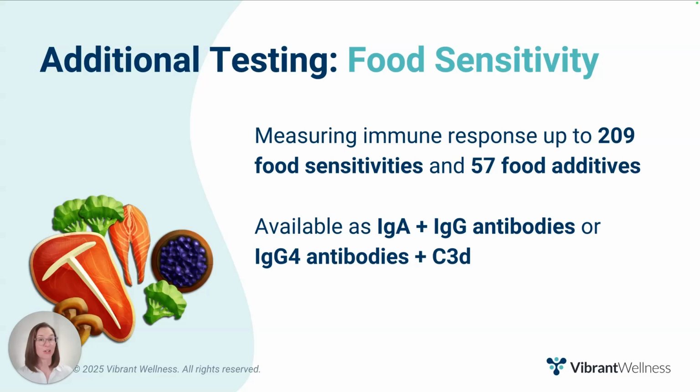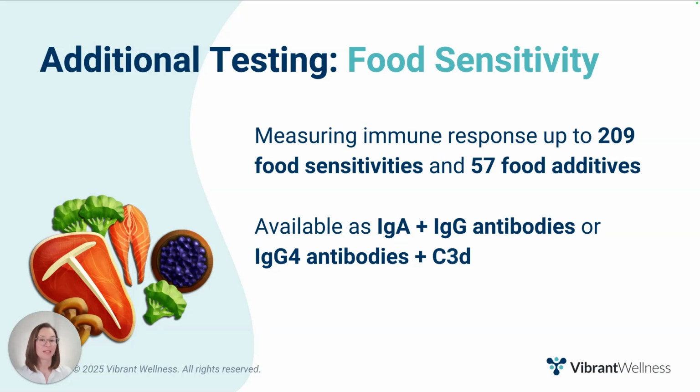Since gut inflammation correlates with higher incidence of food sensitivities and intestinal permeability can increase the risk for food sensitivity development, we also ran a food sensitivity test for Jessica. Vibrant's food sensitivity test measures immune response to up to 209 foods and 57 food additives. And it's available as IgA and IgG antibodies or IgG4 antibodies plus C3d.